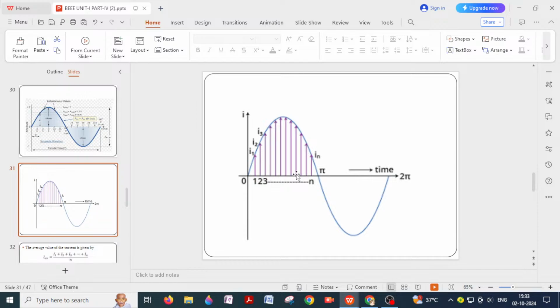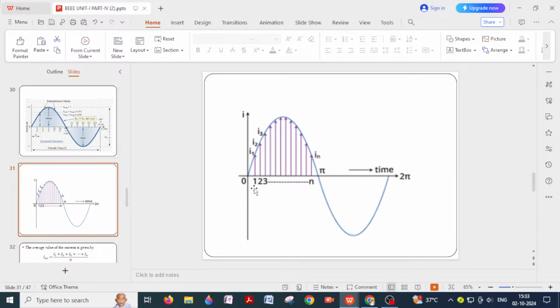At each instant, let us assume this is a current waveform. You can consider current or voltage; the shape will be the same for both when it is sinusoidal or any waveform. At instant 1, current is I1.